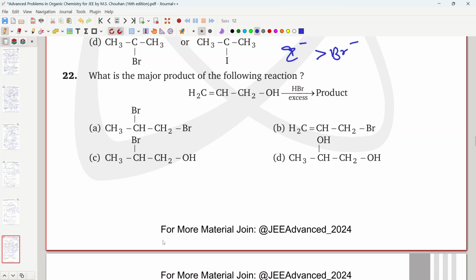Now 22. Find the major product of the following reaction. There is HBr but no peroxide, so no anti-Markovnikov rule.